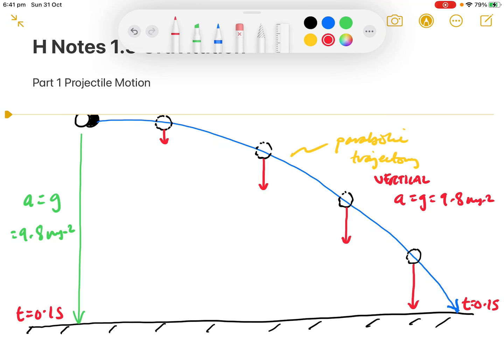Okay, obviously the sign convention in problems would require you to take that as minus 9.8, so let's put the minus in, and I suppose we should put it in for that one as well. So the main point is that in the vertical, both ball bearings accelerate at 9.8.